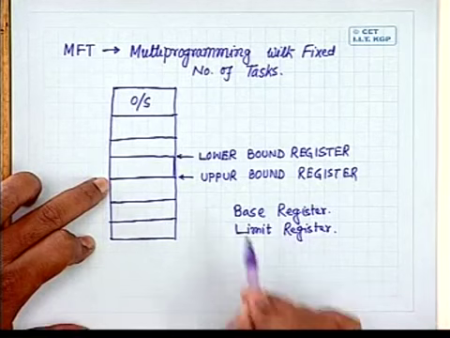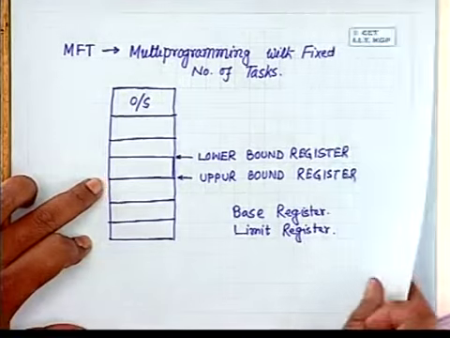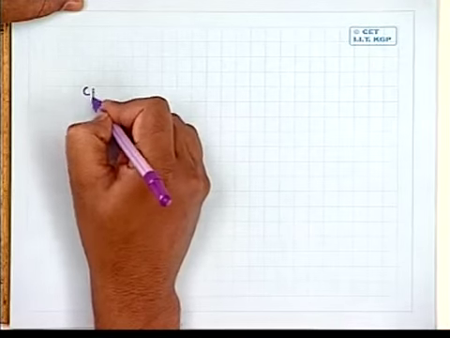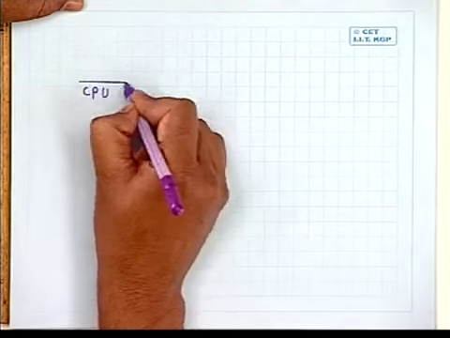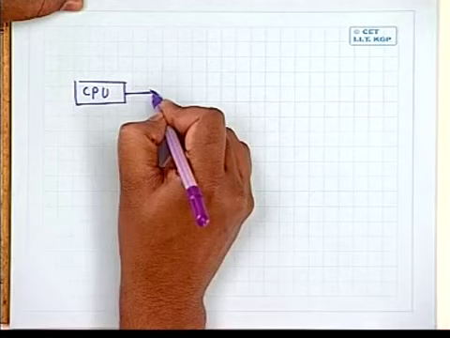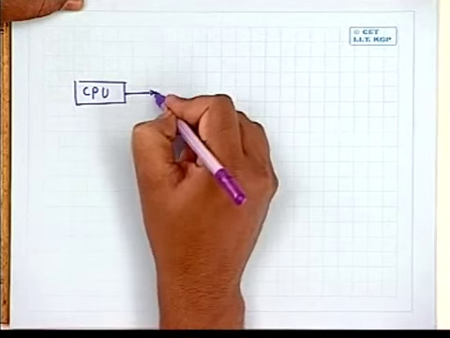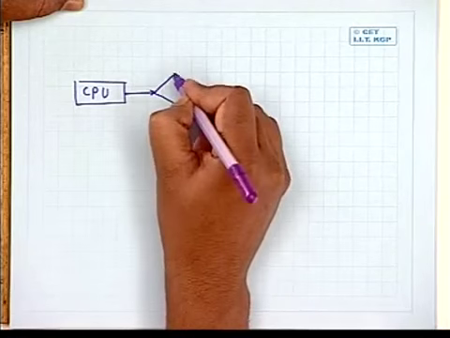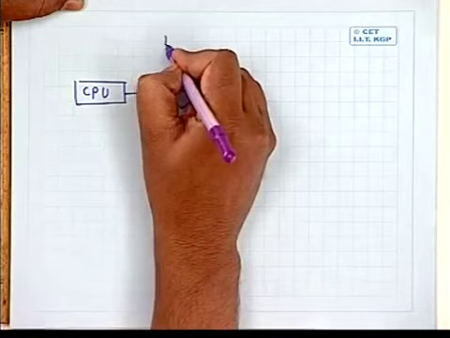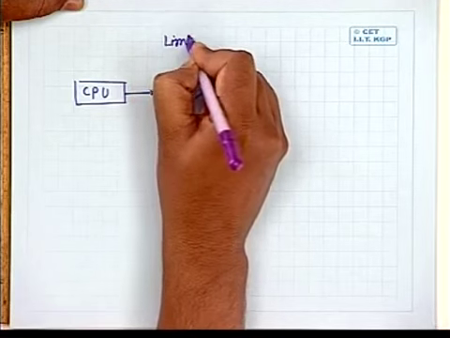Okay. So now this comparison can be converted into this form: whenever the CPU generates an address, you compare this address with the limit register content. The address has to be less than or equal to the limit register.